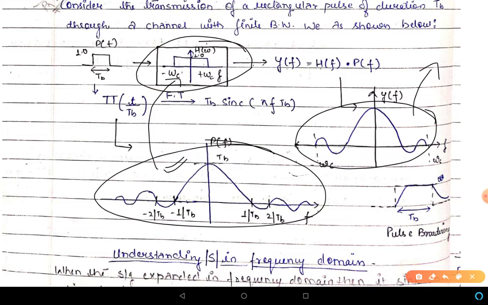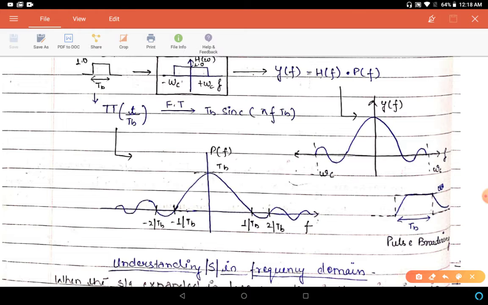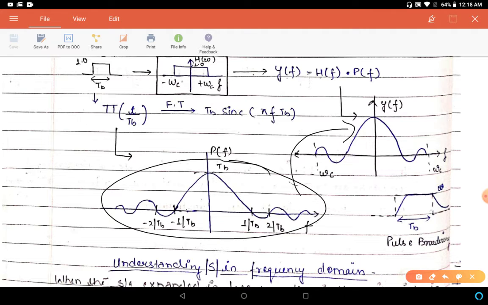In other words, this band unlimited signal is converted into a band limited signal when it is passed through a band limited channel.